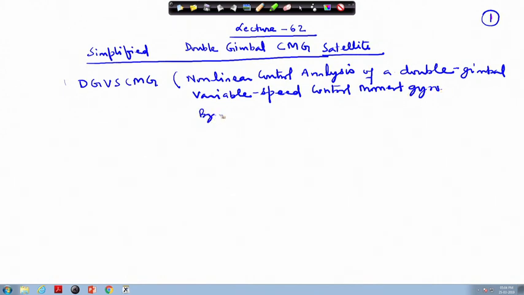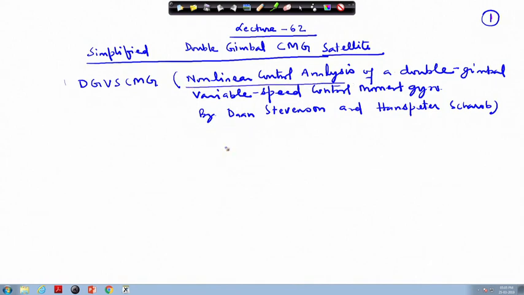This is by Dan Stevenson and Hans Peter Schaub. I am not going into the nonlinear control for this, because it is quite detailed and we do not have that much time to afford here. This was published in AS.